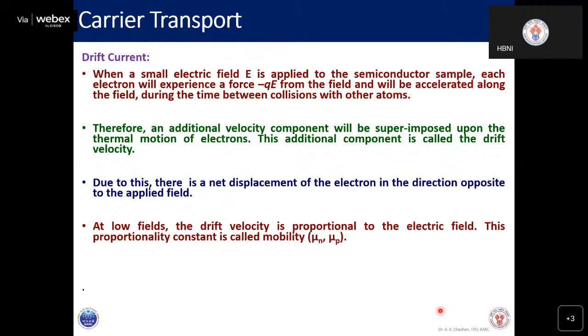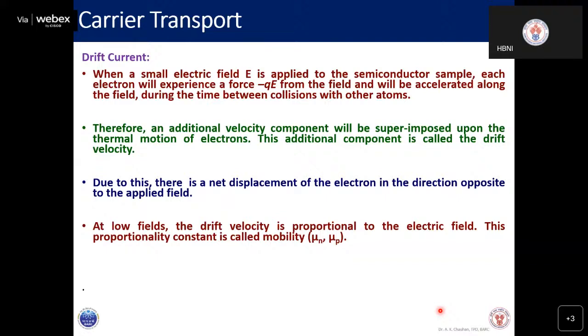At low fields, the drift velocity is proportional to the electric field. If you increase the field to a very high level, then some other components come into the picture where electrons start ionizing other atoms. But at low or reasonable fields, the drift velocity is directly proportional to the electric field.